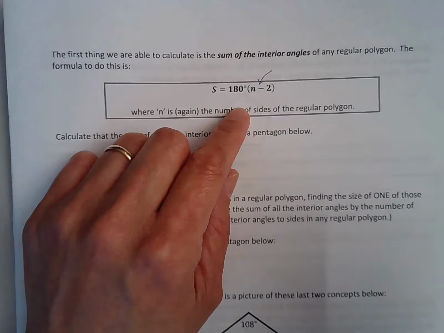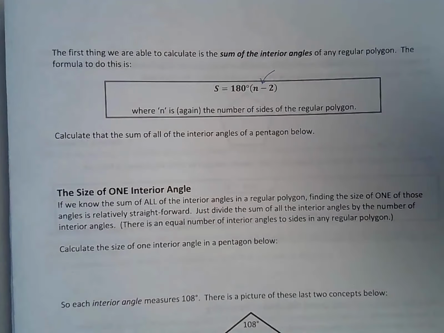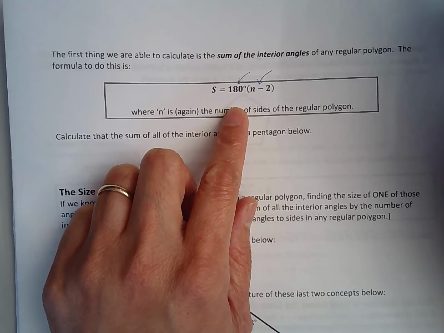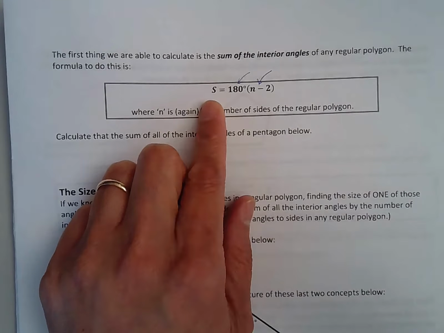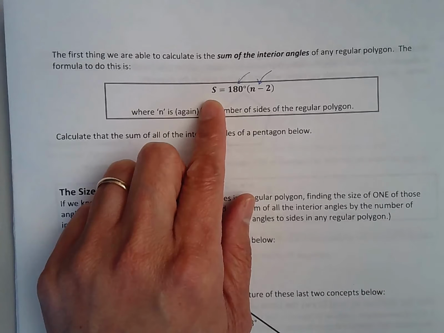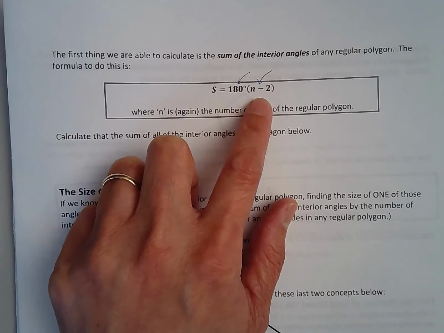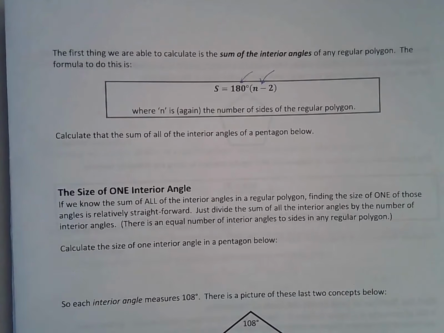And each triangle has 180 degrees inside it, so times it by 180. So the sum of all the interior angles will be 180 times n minus 2, or n minus 2 times 180, which gives you the sum of all the angles in that polygon.